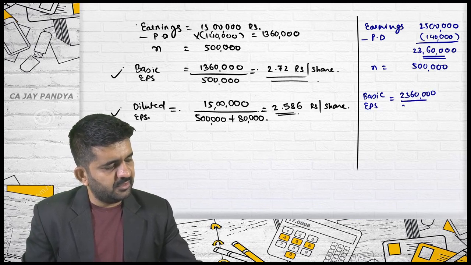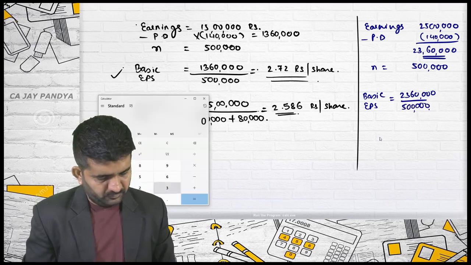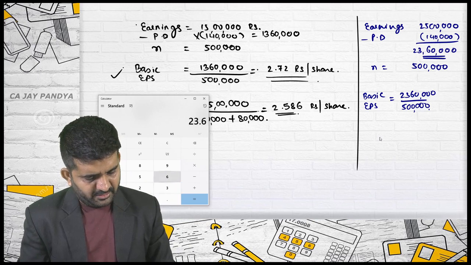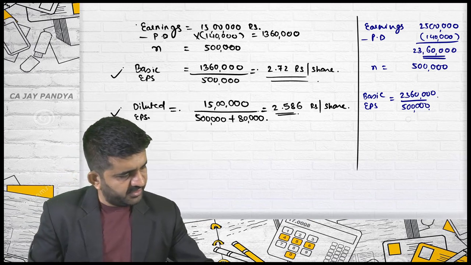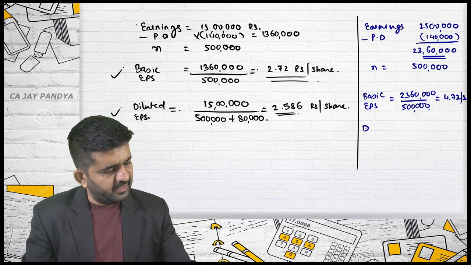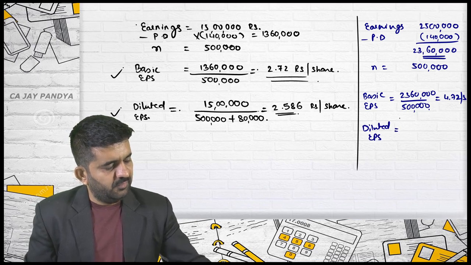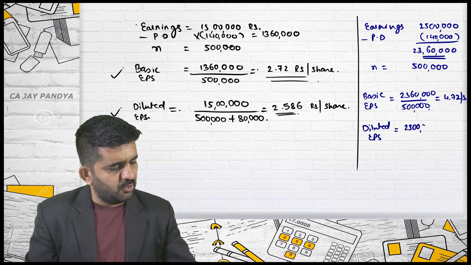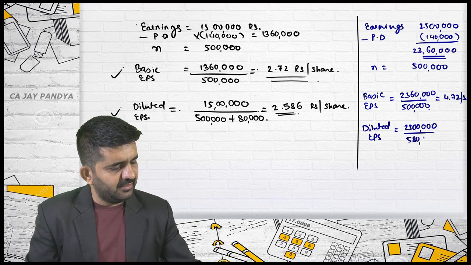Basic EPS is 23,60,000 divided by 5 lakhs, which is 4.72. And diluted EPS will be 25 lakhs, because now the preference dividend will not be paid, divided by 5,80,000.